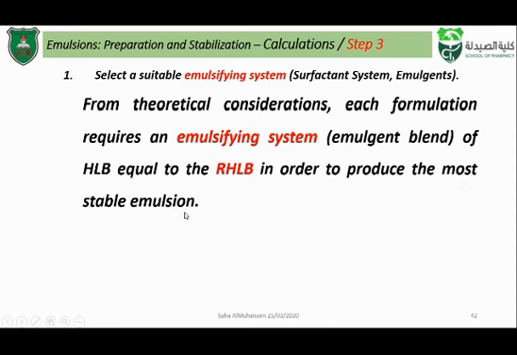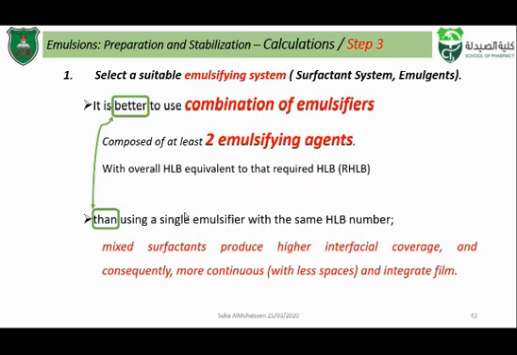As I said, we need to stabilize our emulsions, as these emulsions are composed of two immiscible ingredients. Now, to select a suitable emulsifying system, or emulgents blend, or a mixture of emulsifying agents, we need to remember other important facts.